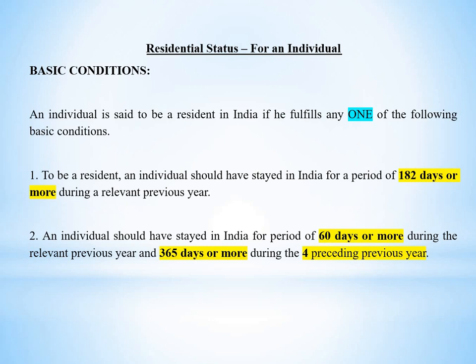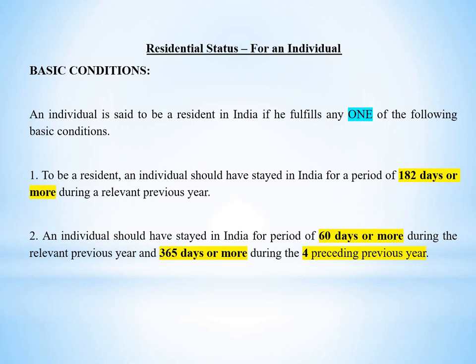If an individual does not satisfy basic condition 1, he has to go for basic condition 2. An individual should have stayed in India for a period of 60 days or more during the relevant previous year.